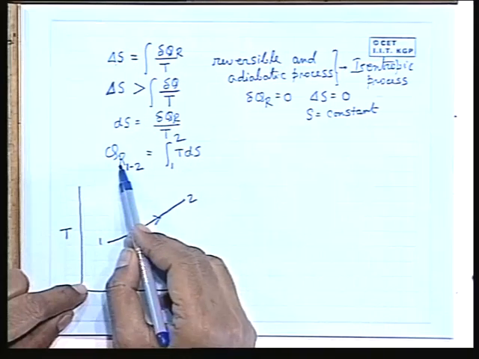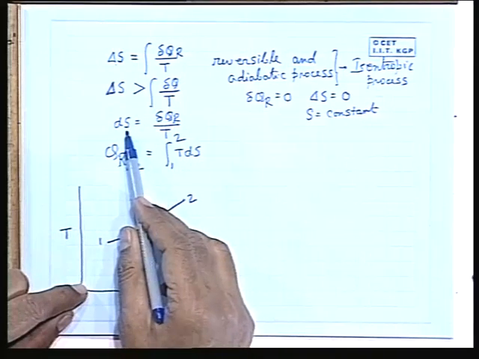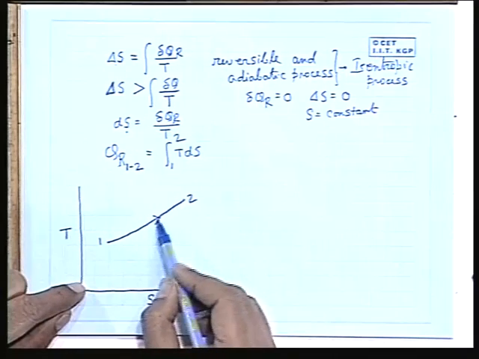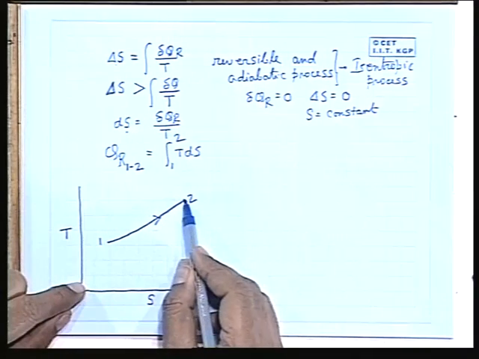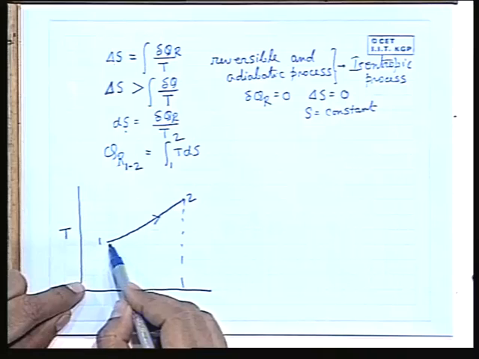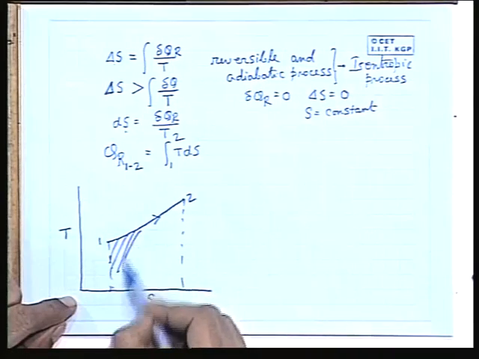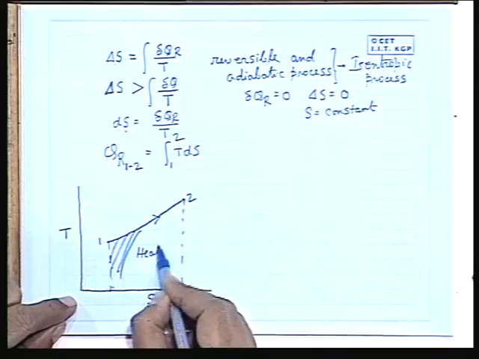In this case, the area under the curve intercepted on the S axis gives the heat addition.